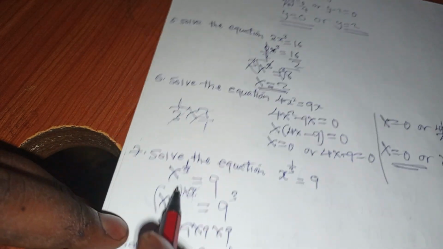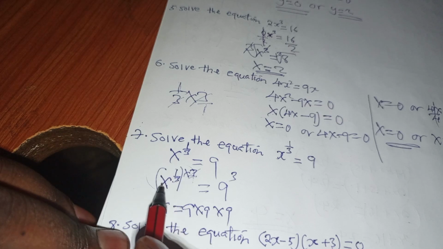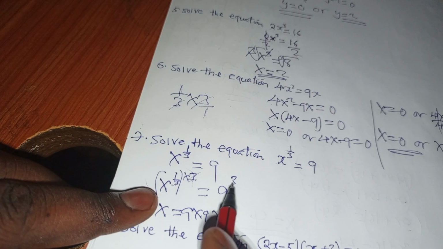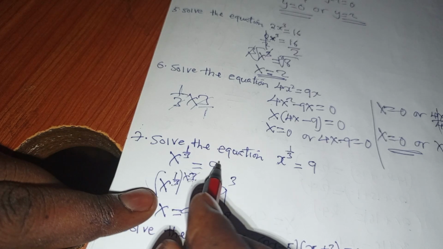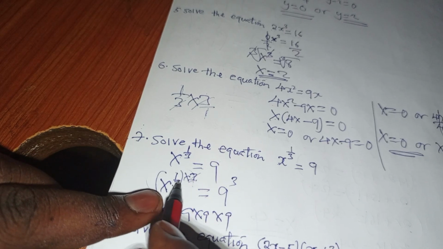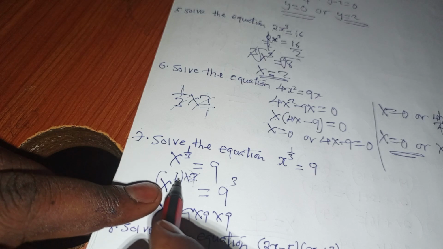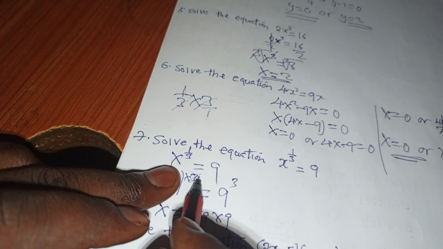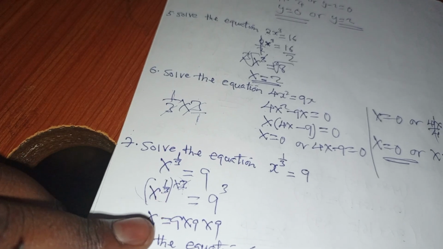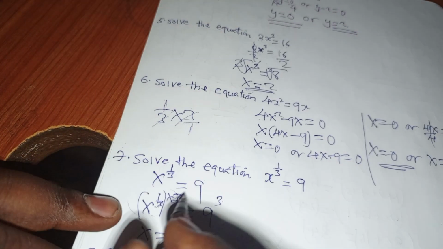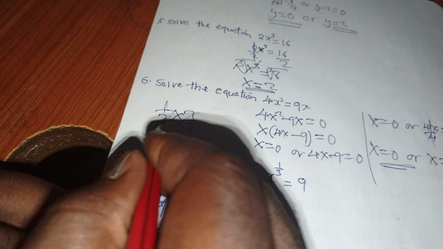So what I remain with is the x alone here. Whatever I've done this side, even this side I need to do the same, since I've said x to the power 1 over 3 to the power 3. So even here I had to put to the power 3. Good. So now this 3 and 3 cancel, 3 and 3 cancel.